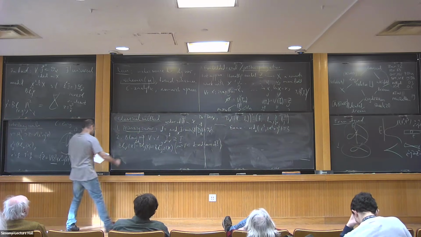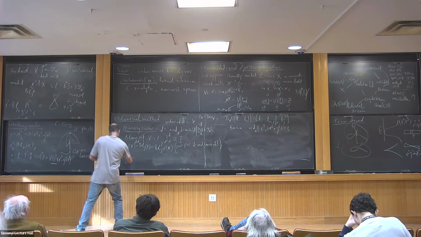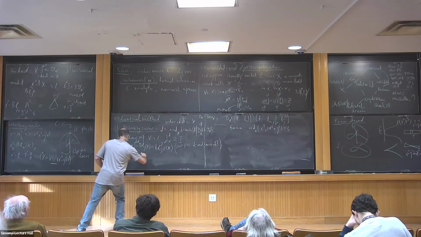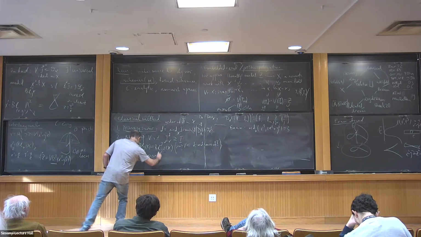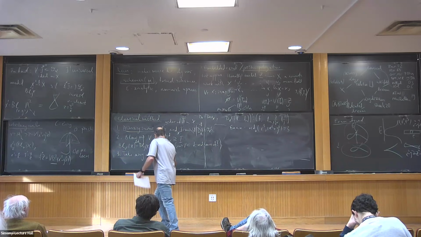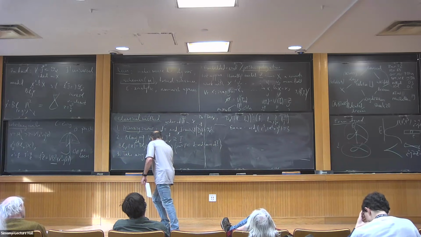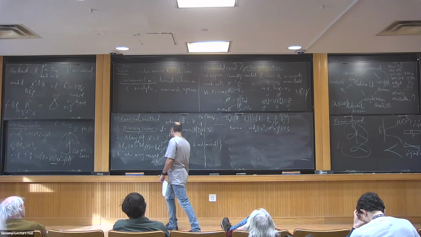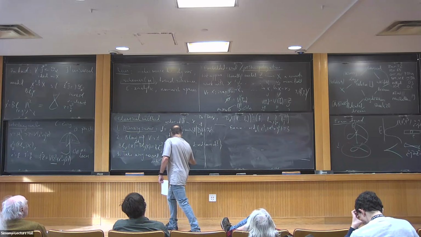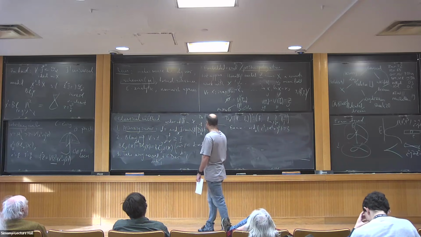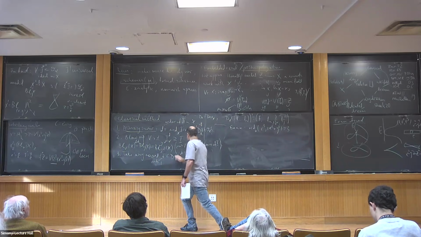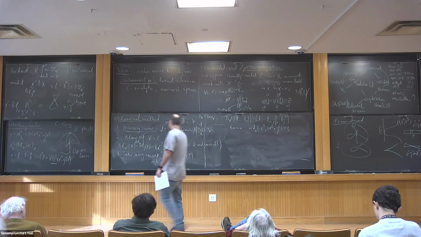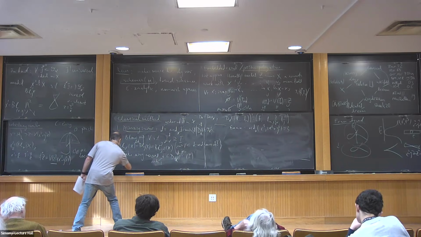Good. Then 3. Take any coordinate T. Coordinate means order equal 1, inside derivation D minus 1 of I. So this is a local construction.